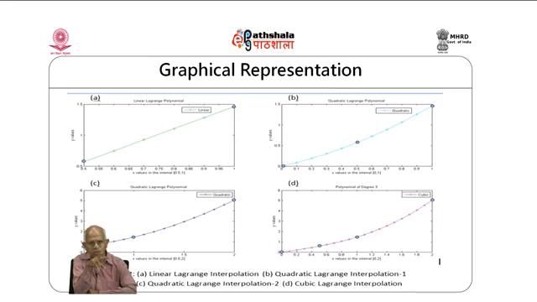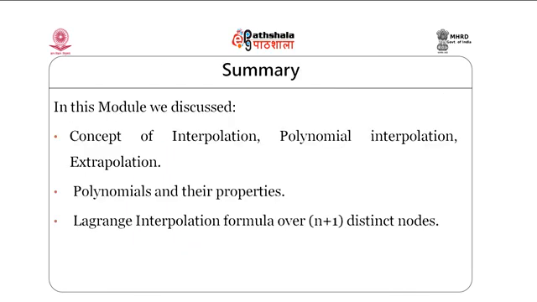In the third case also the same, because it is quadratic interpolation, and in the fourth case it is cubic interpolation, therefore, we get two intermediate points and two end points. So, that is how we are getting these four polynomials represented graphically, and from the graph also, if you take x equal to 0.7 and look at the ordinate at that point, wherever it intersects the graph, that will give you the estimate of y.